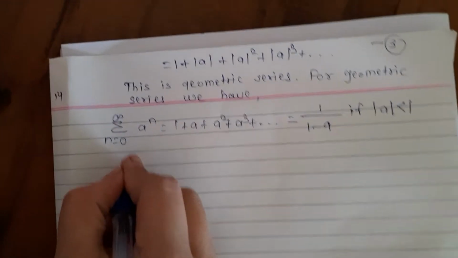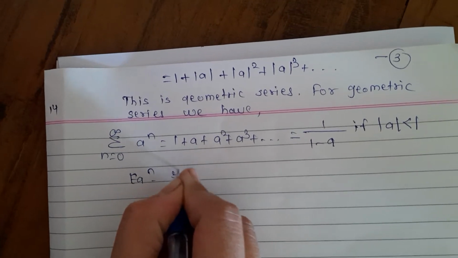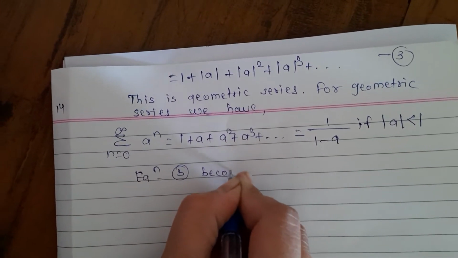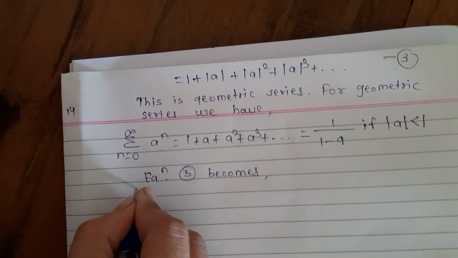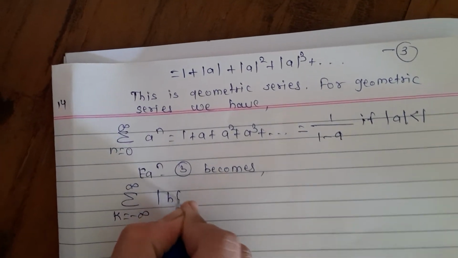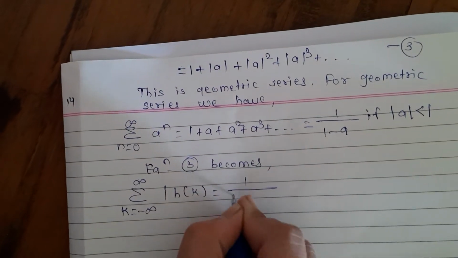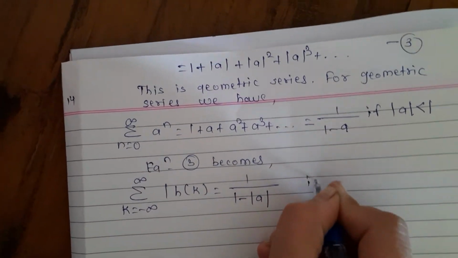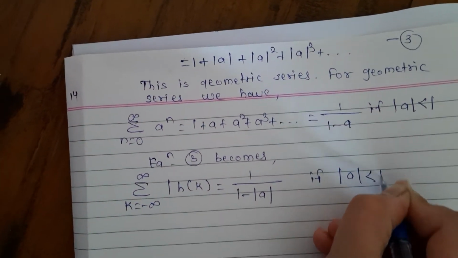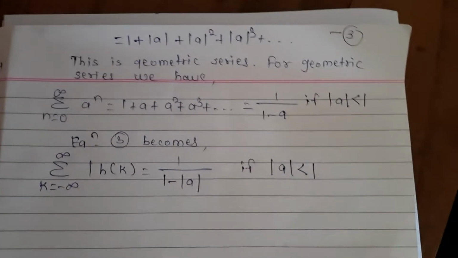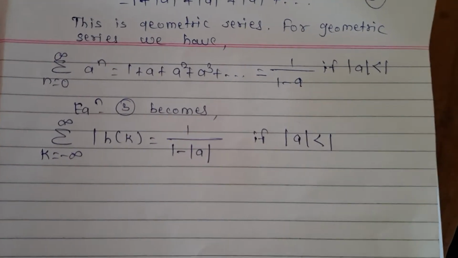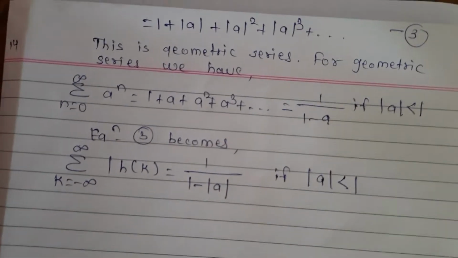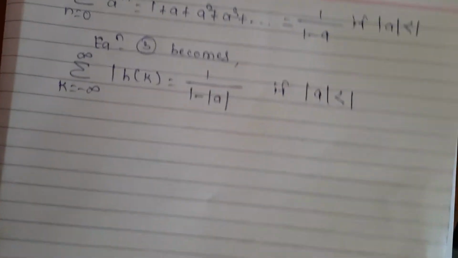Now equation 3 becomes, we can write equation 3 as summation k goes from minus infinity to plus infinity of mod of h of k, that is equal to 1 by 1 minus mod of a, if mod of a is less than 1. So we write here this condition.